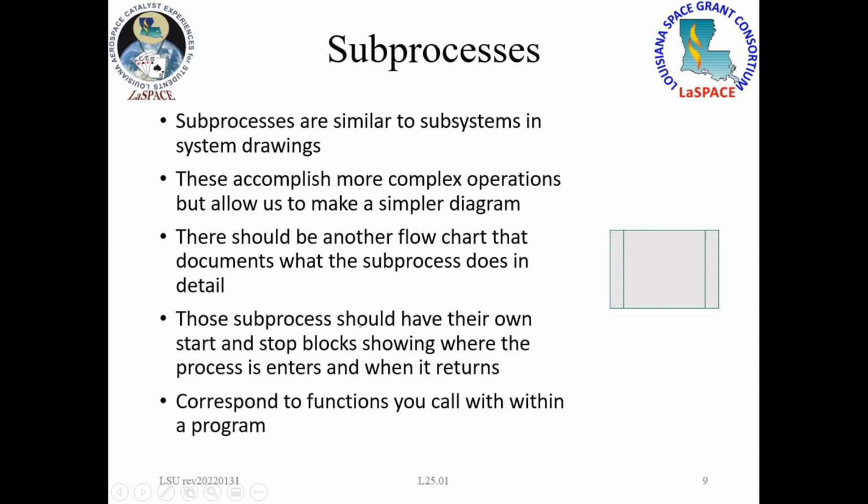In that separate flowchart detailing the subprocess, you should have the start and stop blocks that show, okay, this is where you enter the subprocess. This is what happens. This is the point where it returns basically back to this block with the square inside and goes on to the next step.